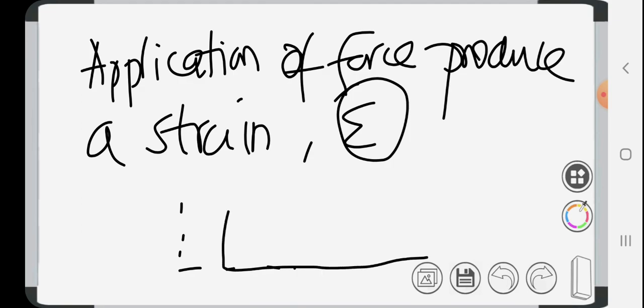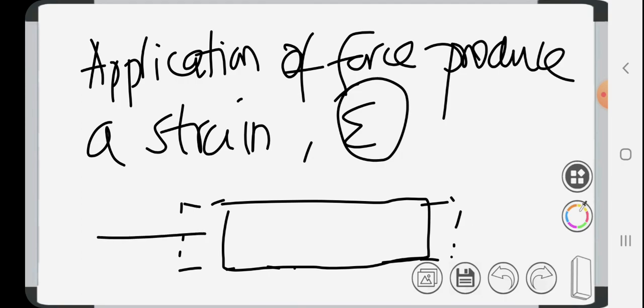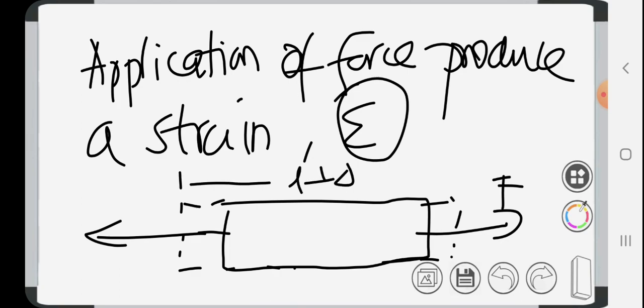So what happened when there is a strain? This was the force F, and this was the elongation. As the rod gets elongated, what will happen?